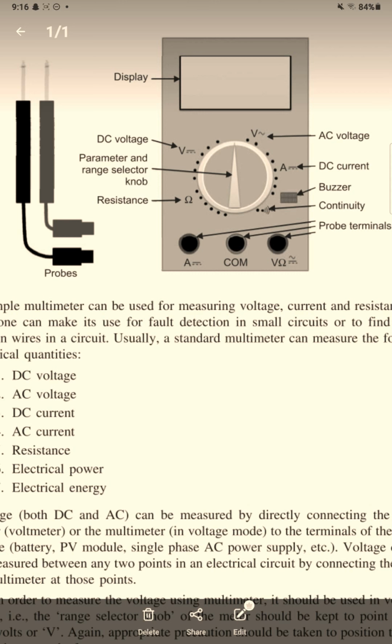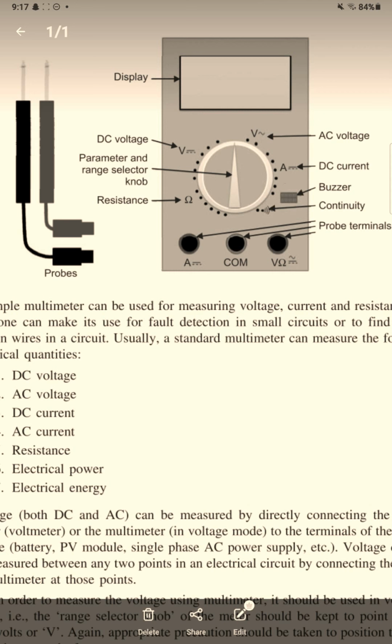Now, when we see a knob, we also see a dial, and on the dial there are several parameters indicated, like voltage, ammeter, ohms, buzzer. These are the parameters indicated on the multimeter's dial. Based on whichever parameter you want to measure, you have to select the knob.